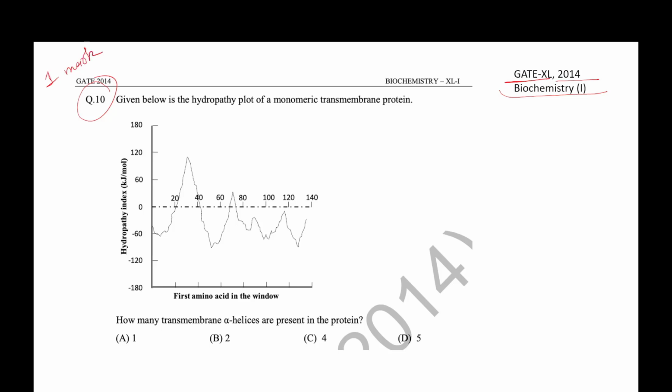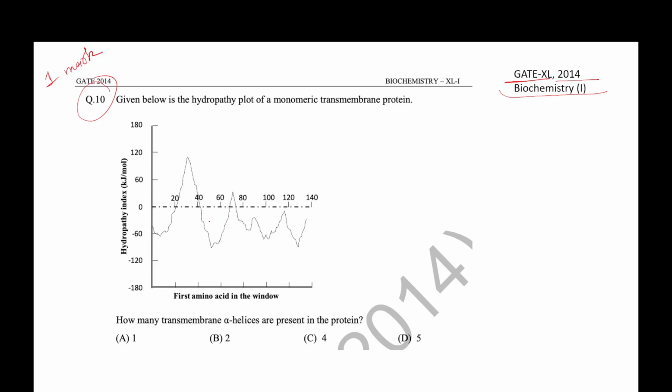Here they have given the hydropathy plot of a monomeric transmembrane protein, and it has been asked how many transmembrane alpha helices are present in the protein.